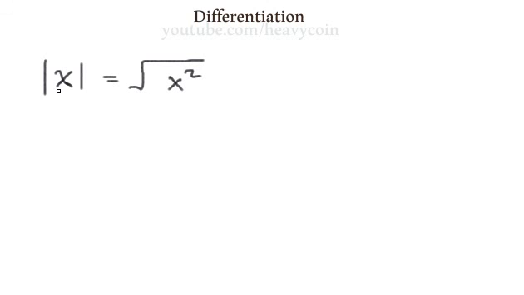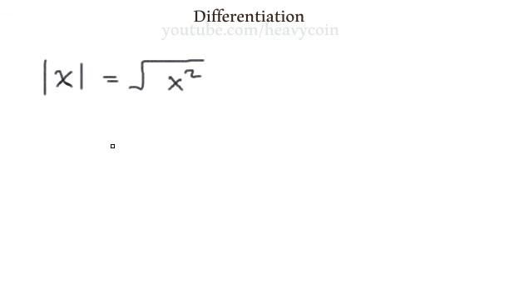In other words, no matter what we plug in, it's always going to be a positive number out. If we plug in negative 5 and take the absolute value, we get positive 5. So this is a whole lot better writing it like this than like this right here.